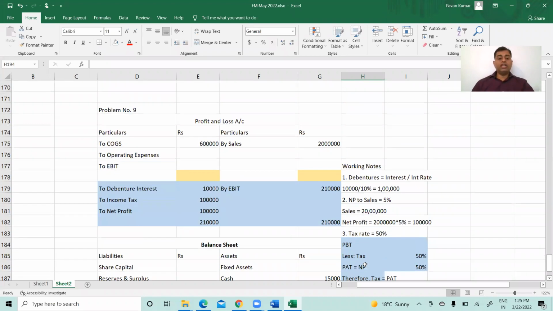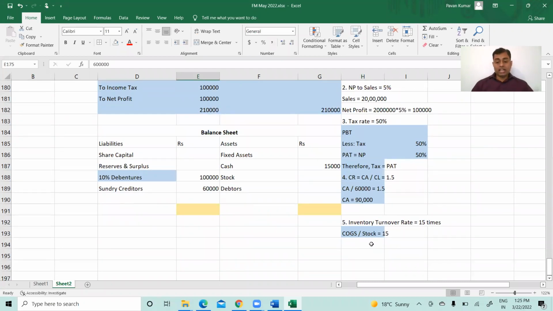Cost of goods sold is already given in the question, 6 lakhs. So, can I say here 6 lakhs by stock is equal to 15? So, tell me what is stock. Therefore, stock is equal to 40,000. Are you sure? Yes, sir. Stock is equal to 40,000.